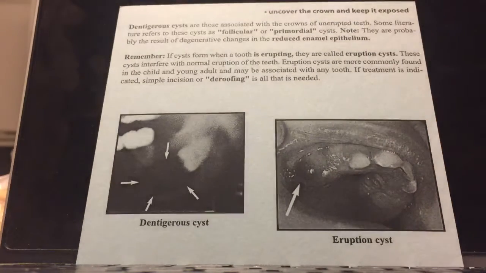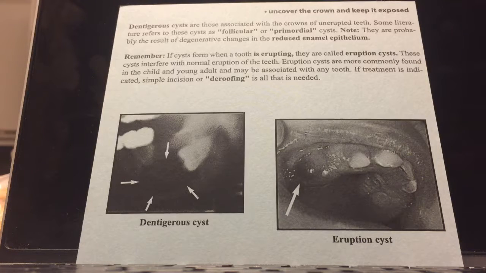The dentigerous cysts are those associated with crowns of unerupted teeth. Some literature refers to them as follicular or primordial cysts. Note, they are probably the result of degenerative changes in the reduced enamel epithelium.